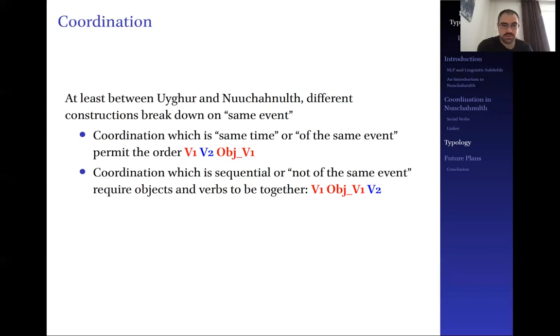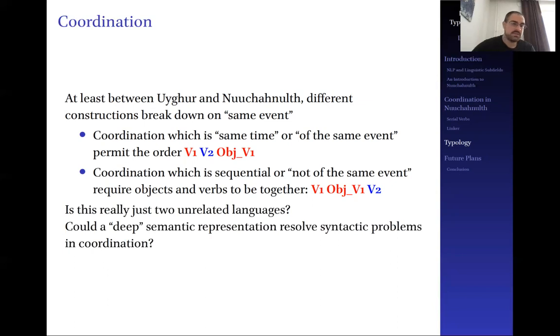But in both languages, once coordination is sequential in time or not of the same event, then that object separation becomes ungrammatical, and it is required to say the same construction as verb 1, object of verb 1, and then verb 2. So is this really just two unrelated languages on different parts of the planet randomly happen to have the same linguistic typology? I kind of doubt it, but I don't know that this has been looked into in detail yet.